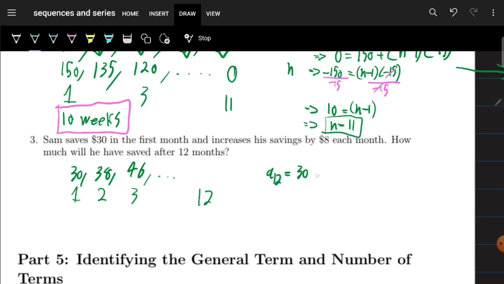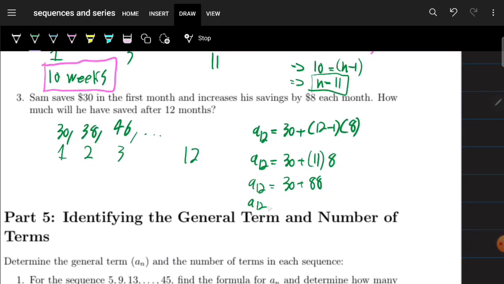a12 is going to be 30, which is our first term, plus 12 minus 1 times the common difference, which is 8, because we go up by 8. So a12 is 30 plus 11 times 8. And so this is 30 plus 88.